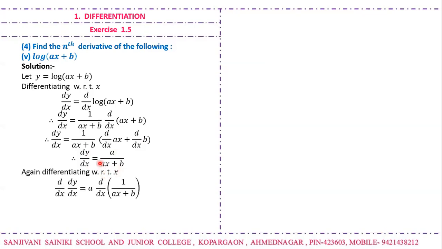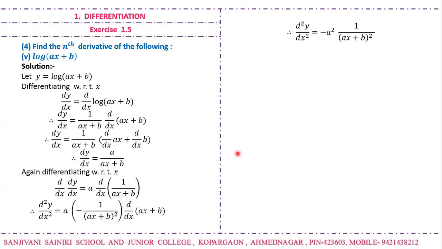Again differentiating with respect to x, a is a constant, so we can take it outside, and derivative of 1 upon ax plus b is minus 1 upon ax plus b bracket square into d by dx of ax plus b. So its derivative is a, so this a and a becomes a square, and this minus 1 is there, so minus a square into 1 upon ax plus b bracket square.